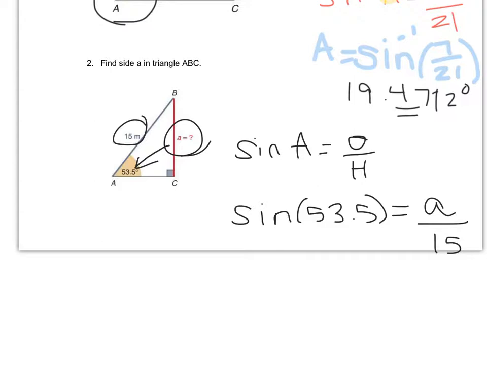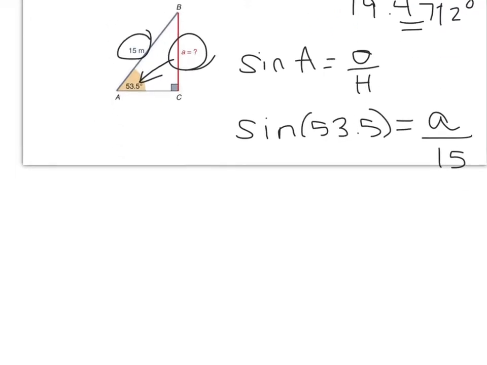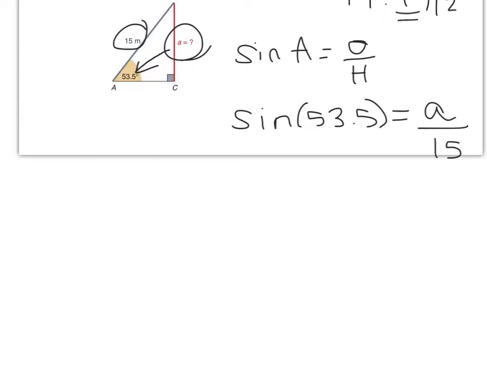Now you're going to have to do a little algebra here to get the A isolated. And in this case, the A is being divided by 15. So to undo division, we would have to multiply both sides by 15. So A is going to equal 15 times the sine of 53.5.